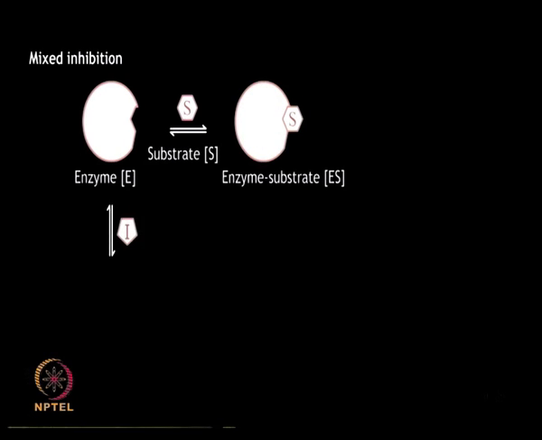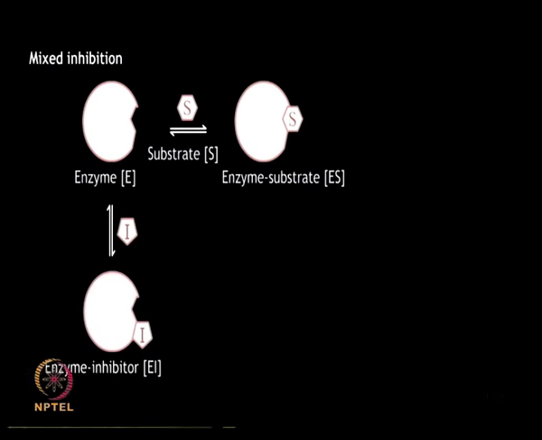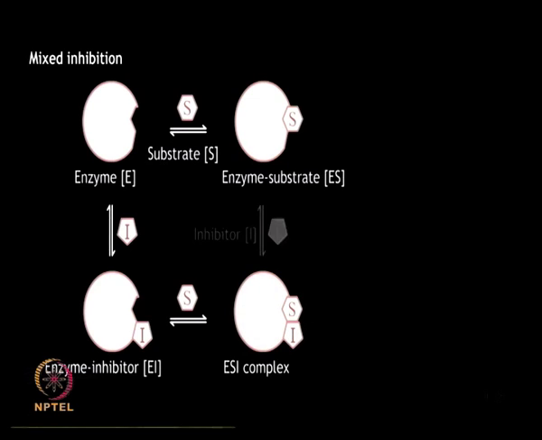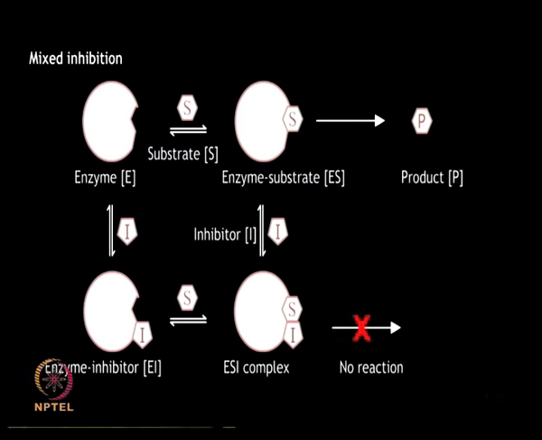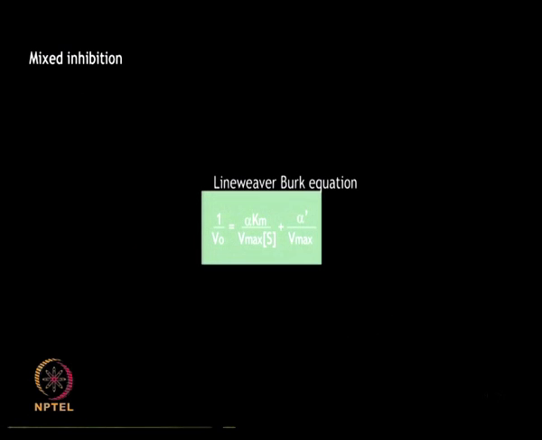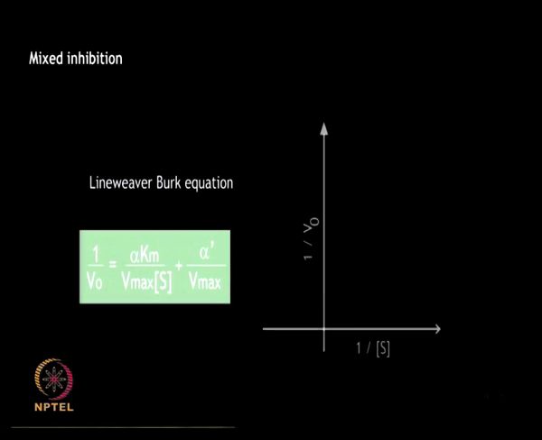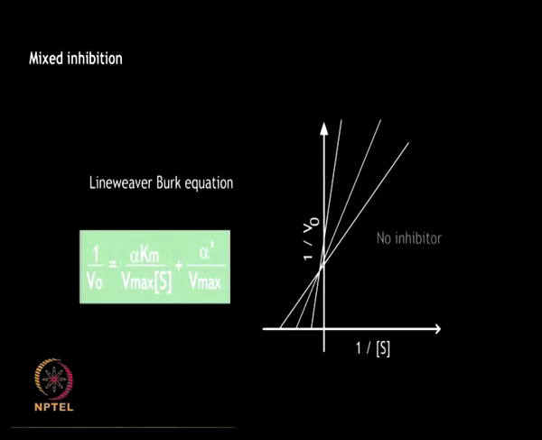Binding of either one brings about conformational changes in the enzyme structure, thereby affecting binding of the other. This inhibition can be reduced, but not overcome by increasing substrate concentration. Both Km and Vmax are altered in this type of inhibition.